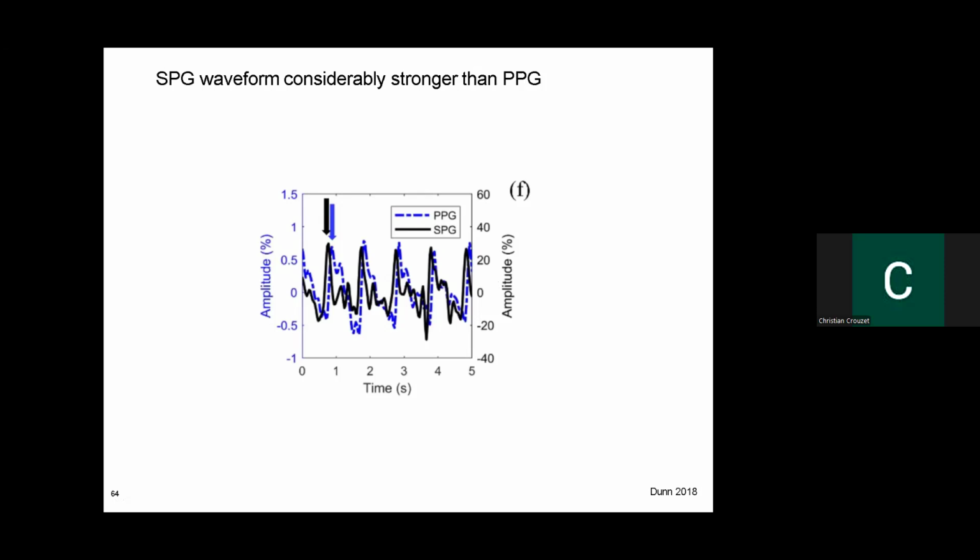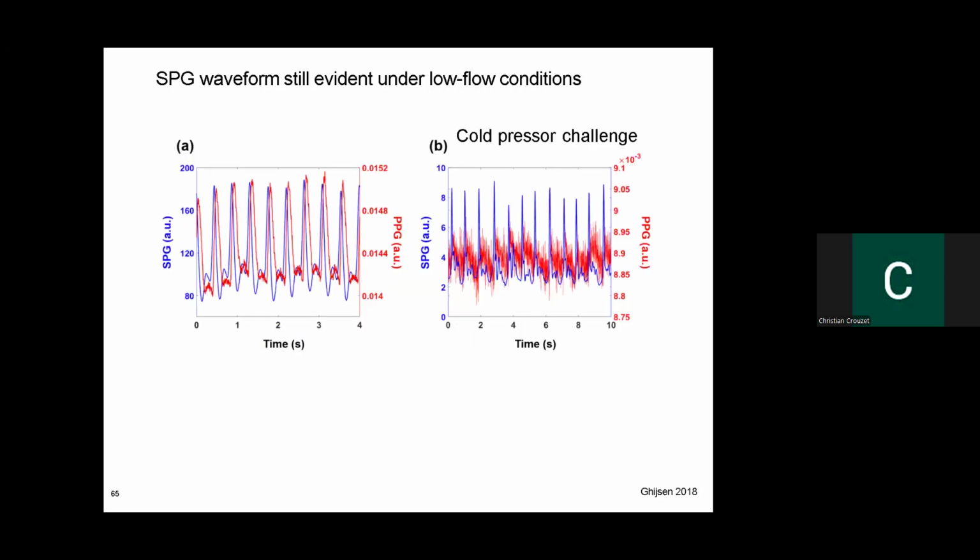We've been able to test this SPG waveform in a few different scenarios. One was a cold pressor test. You have the device on one hand, you put your other hand in a bath of ice water, and it typically causes vasoconstriction. If everything is normal, you see good signal quality in the SPG as well as the PPG.